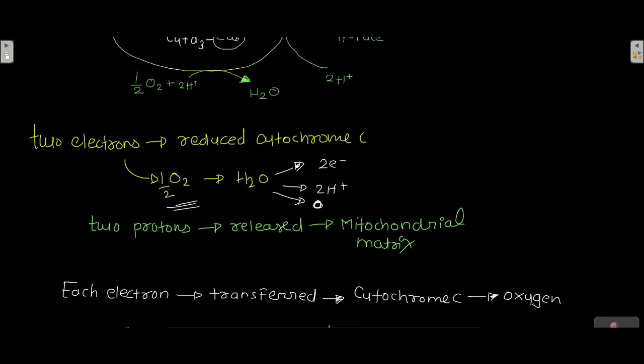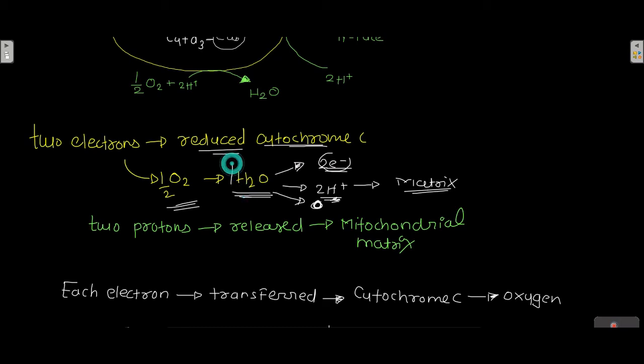The 2 electrons came from the reduced cytochrome. The question is this: from where did these 2 protons come? These 2 protons were there in the matrix only. So from the matrix, 2 protons combine with oxygen, and when they receive electrons, that causes the formation of H2O.